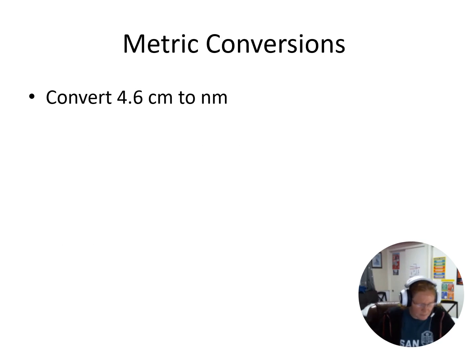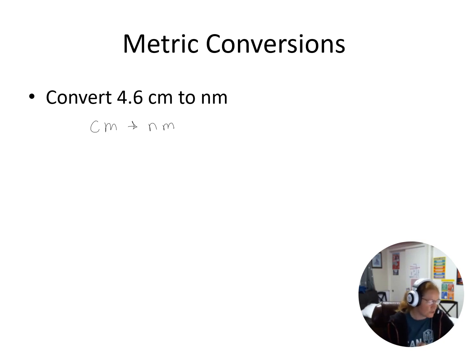All right, so we want to do 4.6 centimeters to nanometers. Okay, so what we're trying to do is go from centimeters to nanometers. Now this is metric, so it's all just powers of 10. So we don't have to use our conversion factors for our significant figures. Our significant figures will be done by our base measurement.